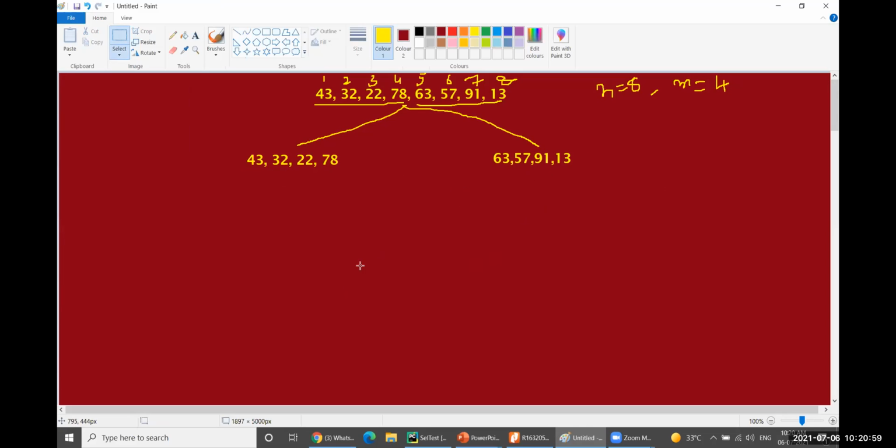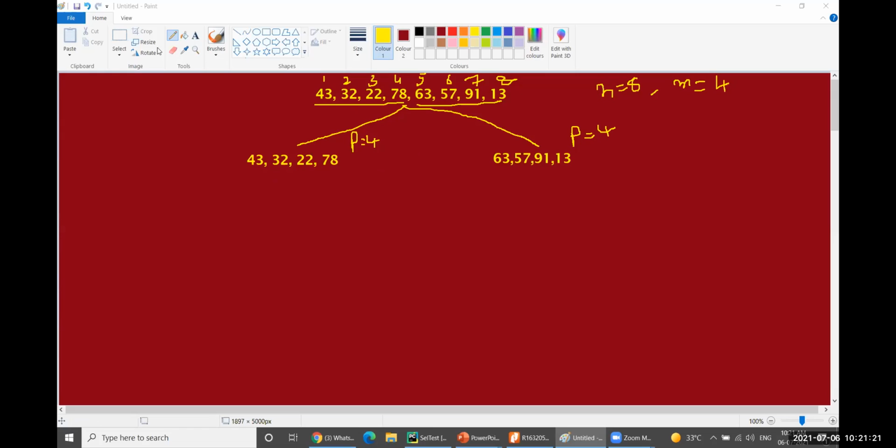Then the small-problem condition is not satisfied because each list has 4 elements. Here also the problem size is 4 elements, not satisfied. So again you have to operate the divide operation one more time.